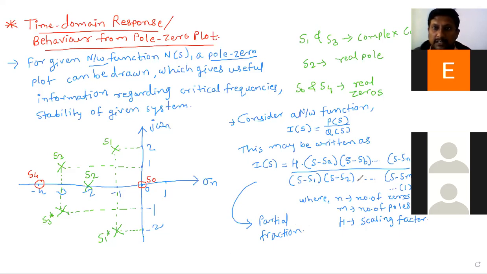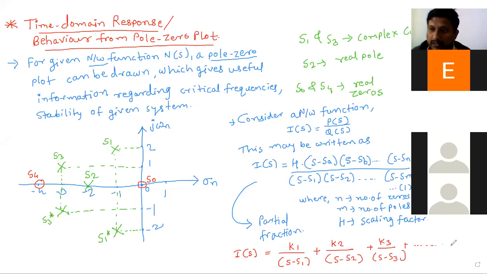So how to use partial fractions here? Check whether this is correct: I of S is equal to K1 upon S minus S1 plus K2 upon S minus S2 plus K3 upon S minus S3 plus and so on up to plus Km upon S minus Sm. So this is the second equation.